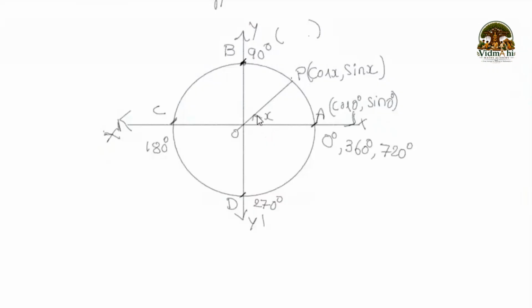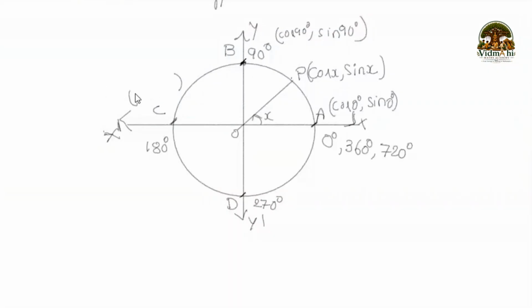Next, for this point B, what are the coordinates? Cos 90 degree comma sin 90 degree. Next, for this point, what are the coordinates?